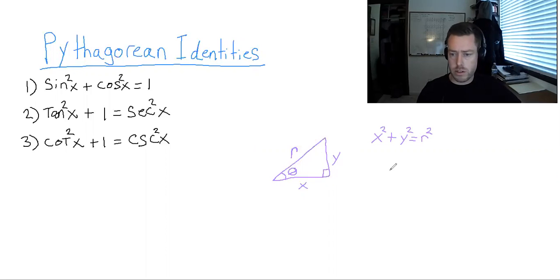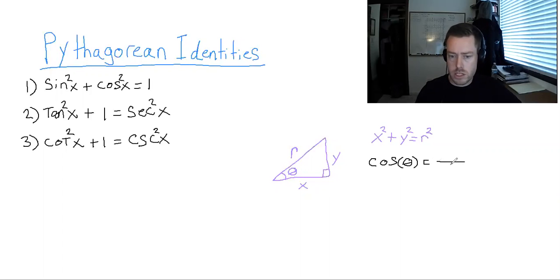So let's use a different color, black here. Let's take the cosine of theta. Cosine of theta is equal to the adjacent over the hypotenuse.